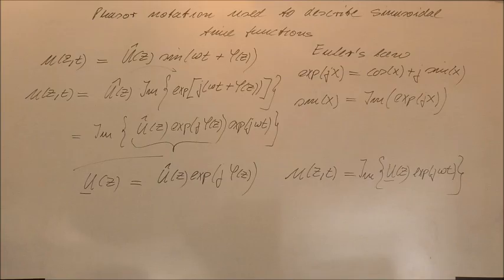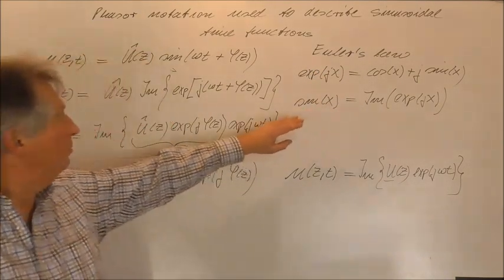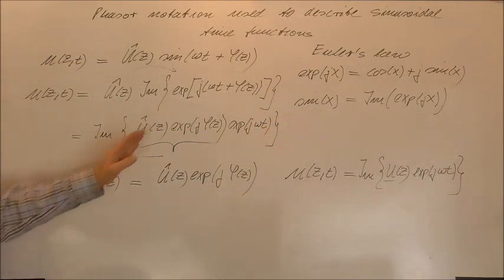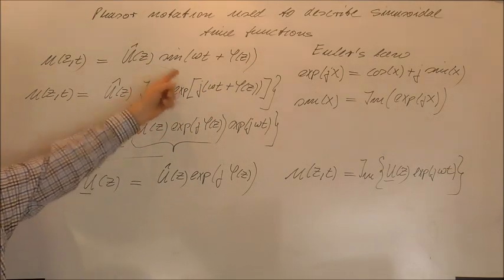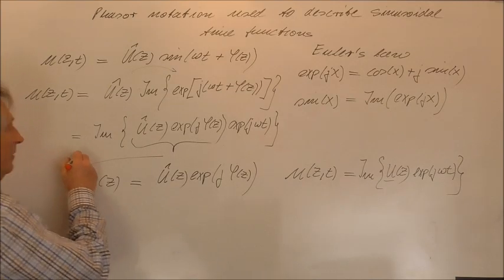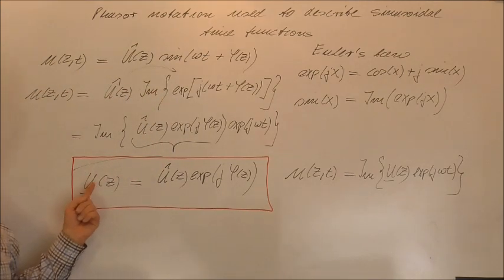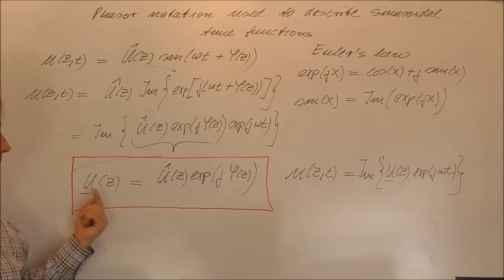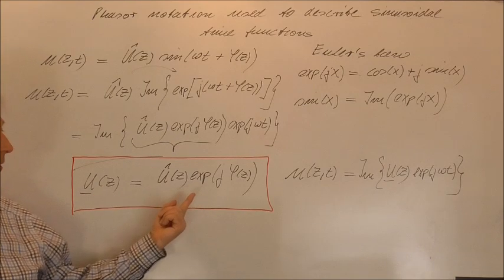Perhaps I summarize this again. Using Euler's law, we can substitute the sine function by the imaginary part of the exponential function, and inserting this and remembering that the amplitude is a positive function, we can put this into the bracket term and we define this to be our phasor. And this is the phasor you already know from AC circuit theory, but here the phasor of the voltage will be a function of the z coordinate.